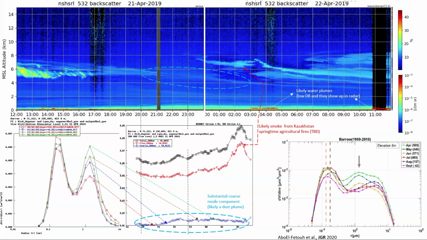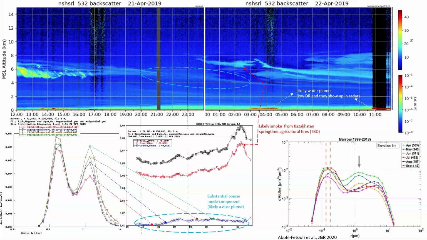There's smoke in that image, but we don't want to know about smoke. We want the bottom optical depth, which is very weak; it's the supermicron optical depth, typical of Asian dust plumes.